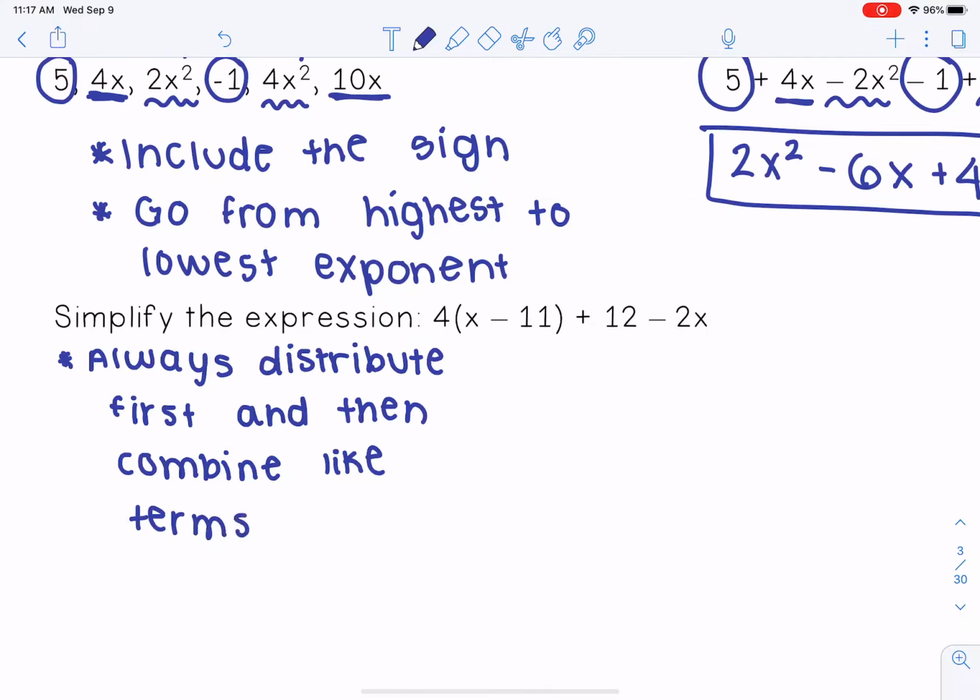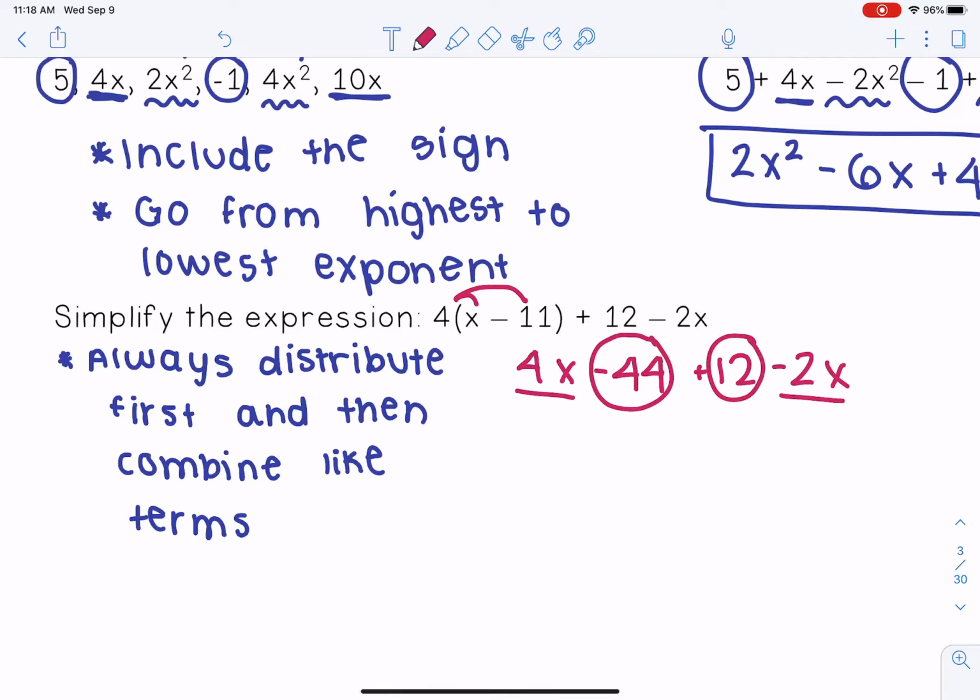So I'm going to distribute 4 times x is 4x. 4 times negative 11 is negative 44. Plus 12 minus 2x. Now let's see what like terms we have. We have something with an x, and then we just have our constants. So 4x minus 2x is 2x. Negative 44 plus 12 is negative 32.